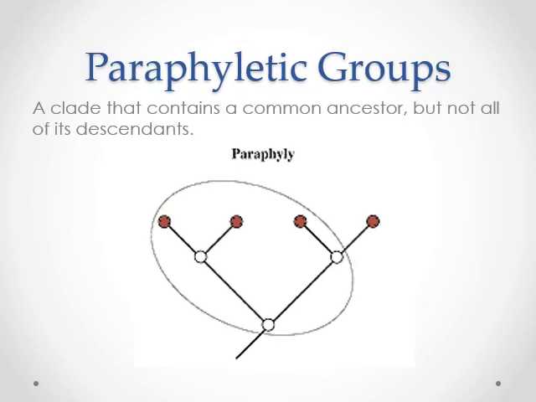A paraphyletic group is a common ancestor, but not all the descendants. Here's the common ancestor, and it includes most of, but not all the descendants. That could be a clade, a grouping. Think about it, there's always that one person in your family who you're like, they're not related to me. You know who I'm talking about. I don't need to go into depth about who it is. I'll go into depth about who it is in mine.